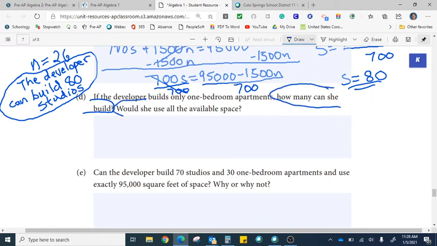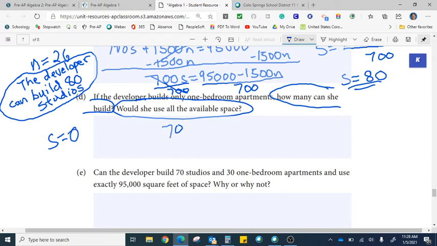All right. And the second question is, would she use all of the available space? All right. So only one-bedroom apartments. Okay. So we have S is studios and N is one-bedrooms. So this time we are not going to have S. We're not going to build any studio apartments, just one-bedrooms. So S is going to equal 0.